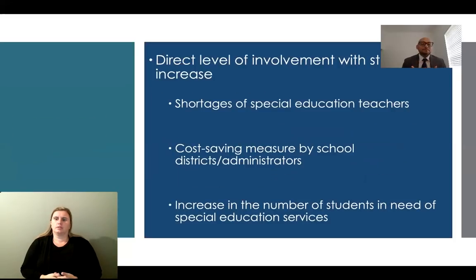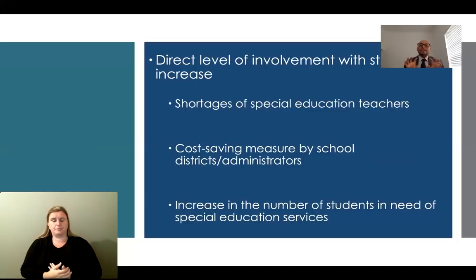So our field, of course, is facing some critical issues, being the critical shortages in special education teachers. This shortage of teachers may lead to the increased use of paraeducators in the delivery of special education services, which in some cases may be seen as a cost-saving measure for school districts or school administrators.